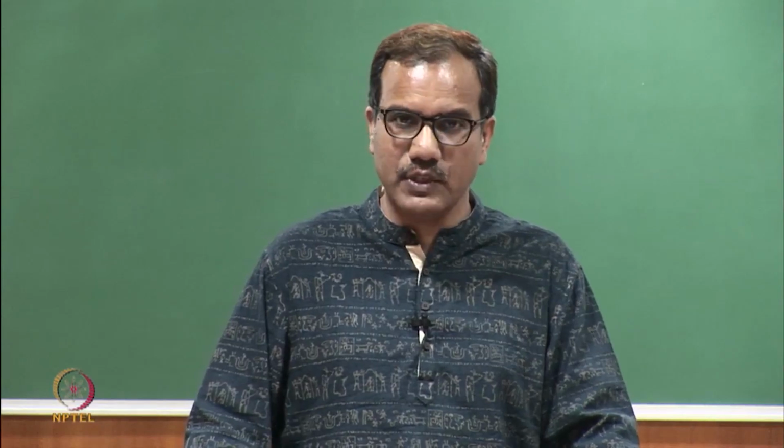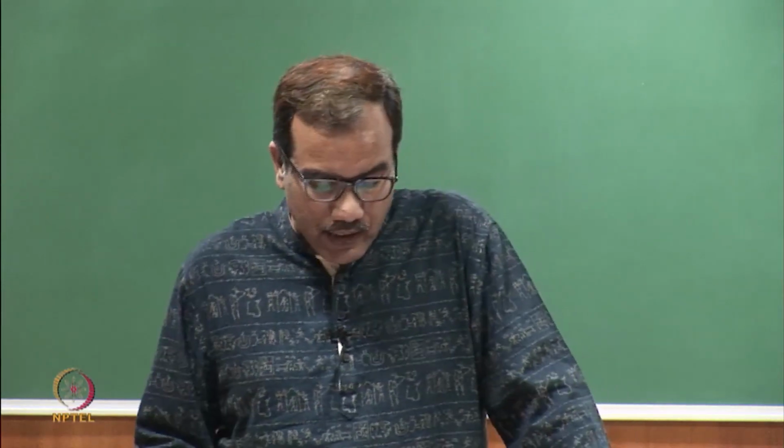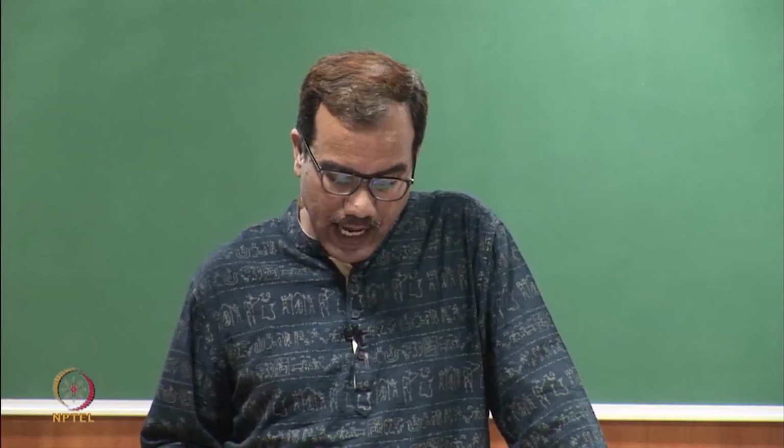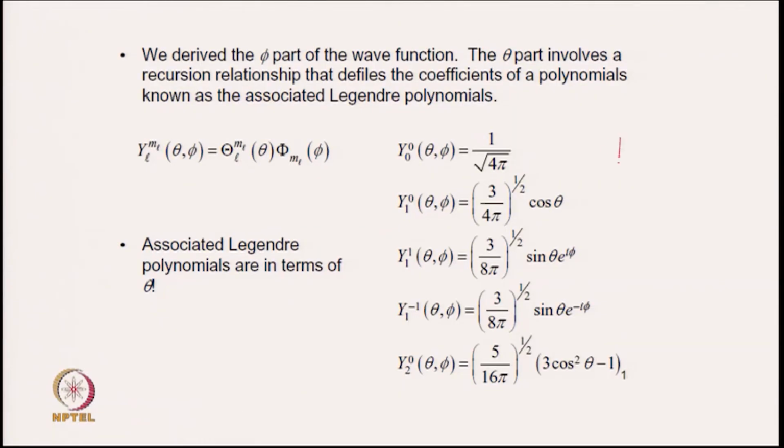A spherical harmonic is basically a product of these two wave functions, and the values are given for different values of L and M, or J and M. If J is equal to 0 and M is equal to 0, then the spherical harmonic value is equal to 1 by root 4 pi.